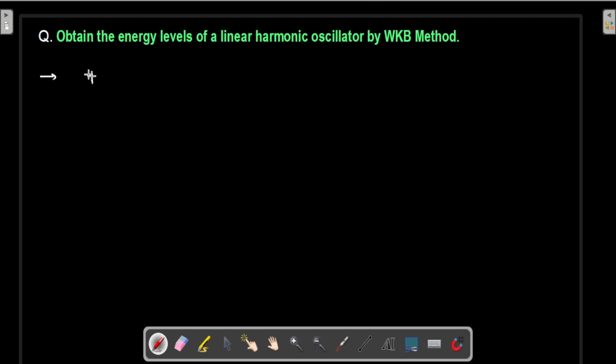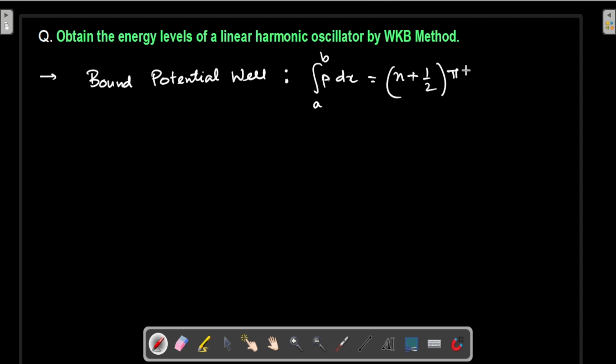So for the bound potential well, we know that the integration of p dx, where the lower limit is a and the upper limit is b, equals (n plus half) times pi times h cut, where n is an integer, and p is written as root over 2m (E minus V).